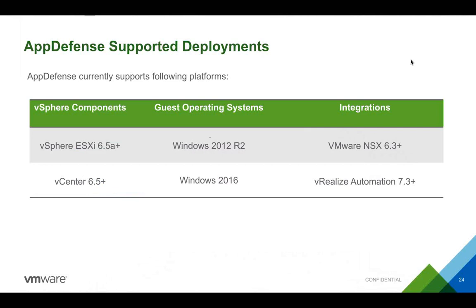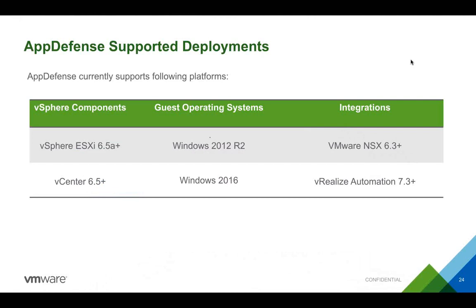Now, going back to what is required in order for you to consume AppDefense. The only requirement I mentioned earlier is that we require vCenter, and the minimum version of vCenter we require is vCenter 6.5, and it works with ESXi 6.5a. I know that it's a lengthy process. A lot of our customers are just getting to 6.0.